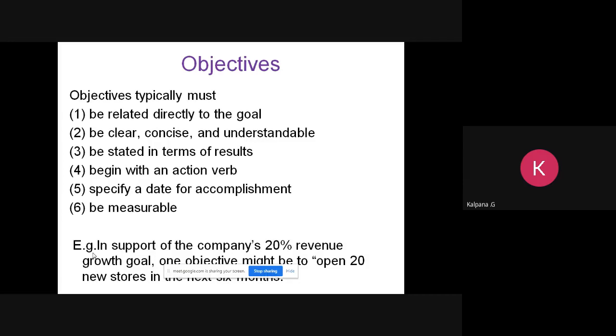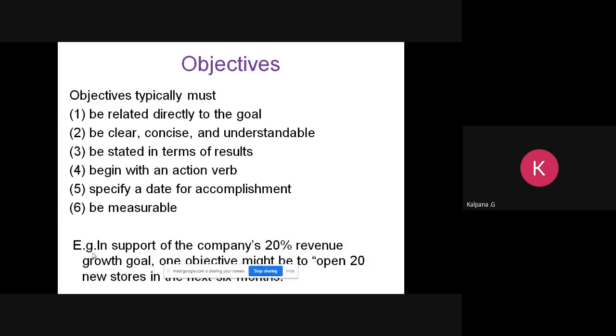Objectives should typically consist of a clear, concise, and understandable statement, related directly to the goal, and it should begin with an action verb. For example, to open 20 new stores. All these are action verbs, isn't it? To do. So there is an action verb there.